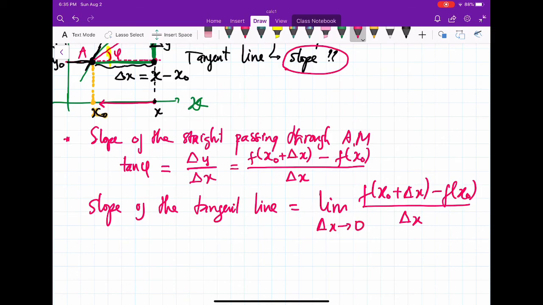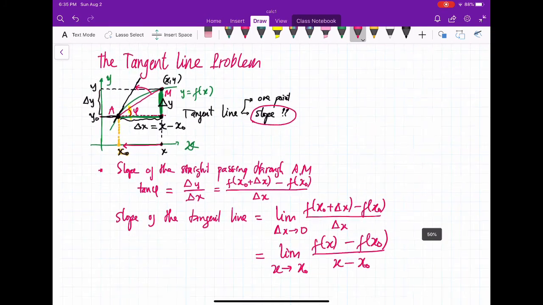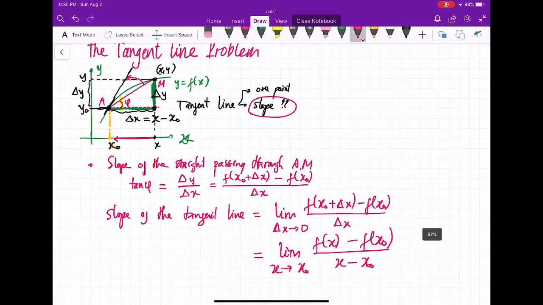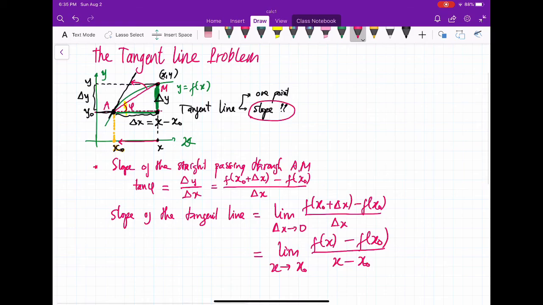Or we can write the limit in the following way: f of x minus f of x0 over x minus x0, when x approaches x0. Both limits are the same. And that gives us the formula for how to find the slope of the tangent line at some given point here.